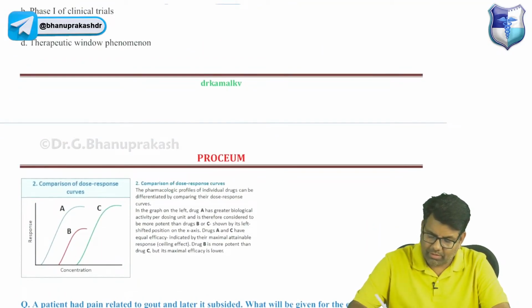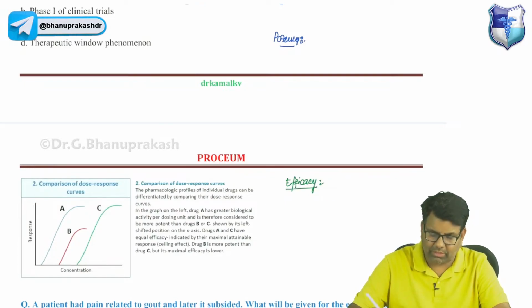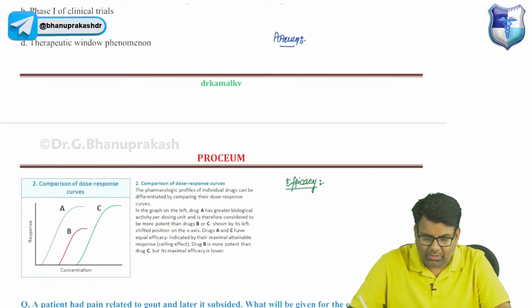One term is potency, and another term is efficacy. These are the two terms which we discuss in dose response curve.